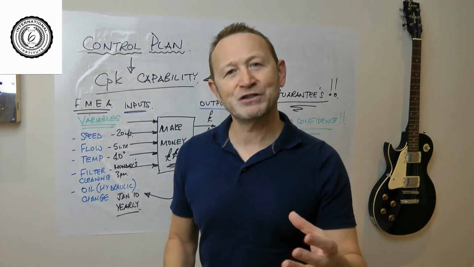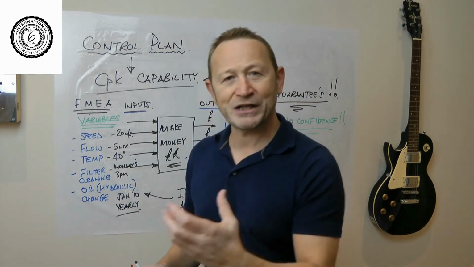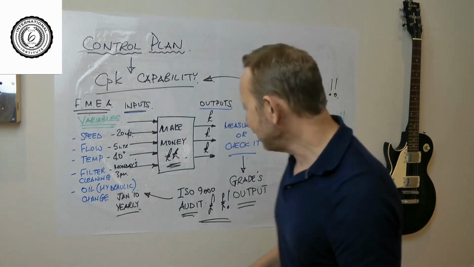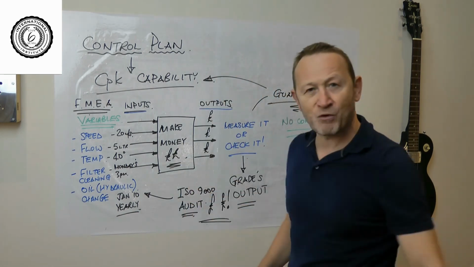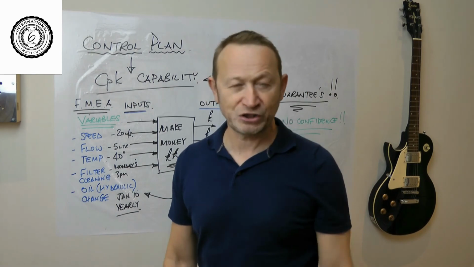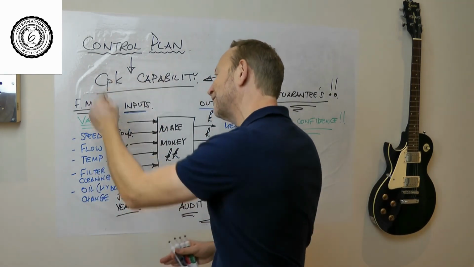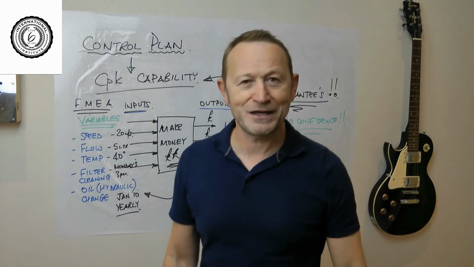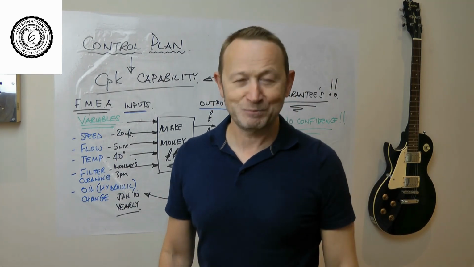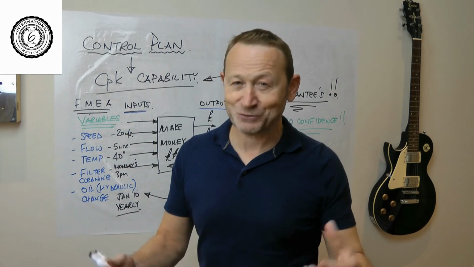I'm sure you never do that, but it's a complete waste of money. If you're a senior manager watching this, don't be so pathetic. Get your ISO 9000 to make money. Create great control plans out of your FMEA and make piles and piles of cash, because that's what control plans are about.